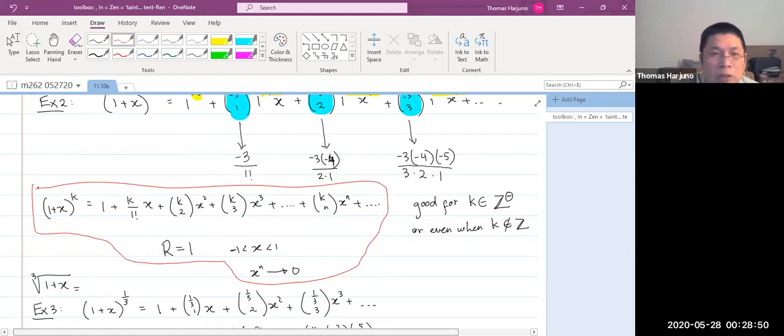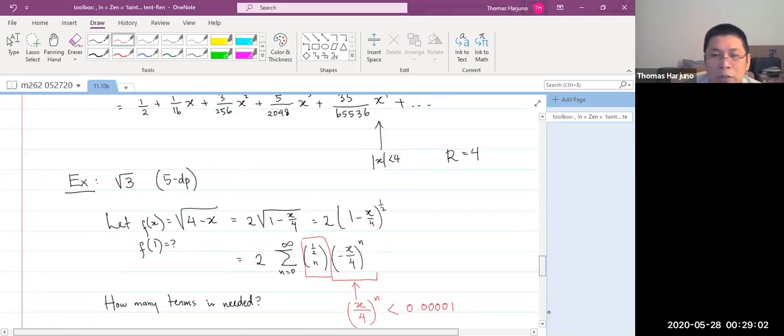It doesn't have to be a positive integer. It doesn't have to be a negative integer. This can be anything.